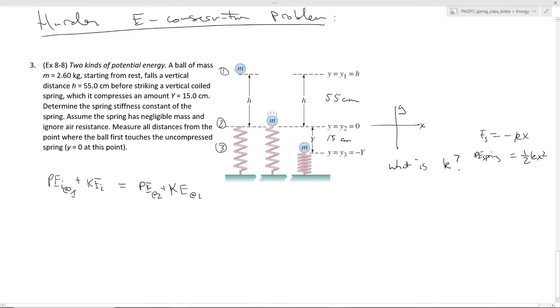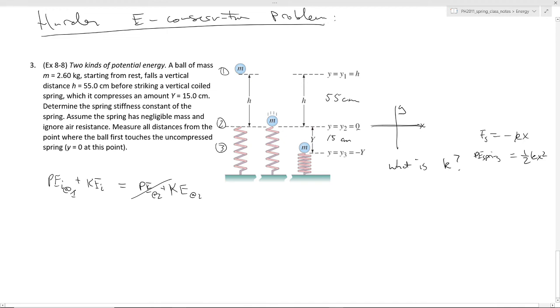And notice if we set it up this way, and bear in mind our coordinate system is set up so that at 2, right before the thing hits the spring, the height will be y equals 0. So if that's the case, there will not be any potential energy anymore at 2.